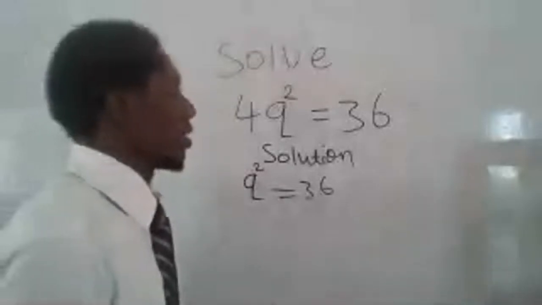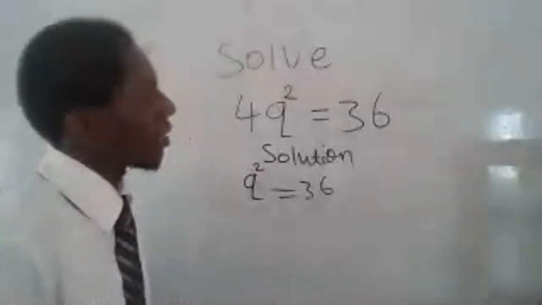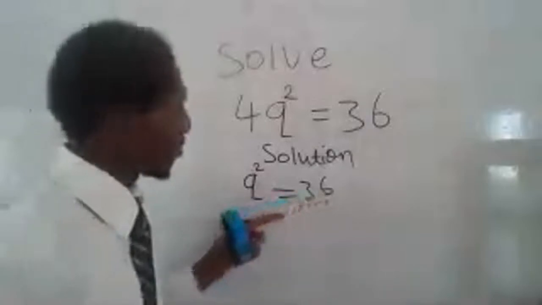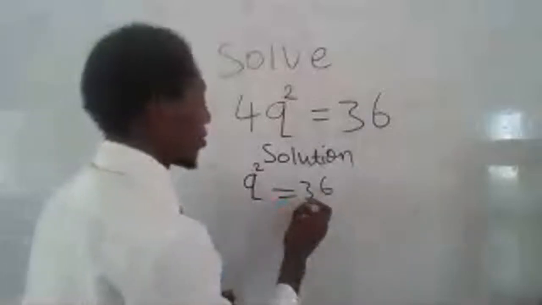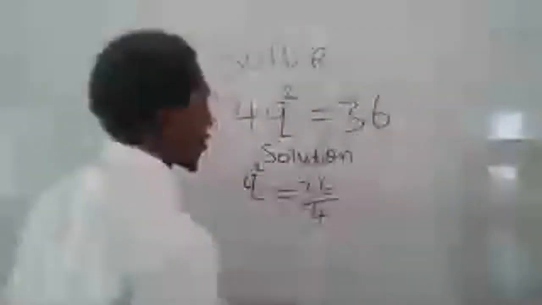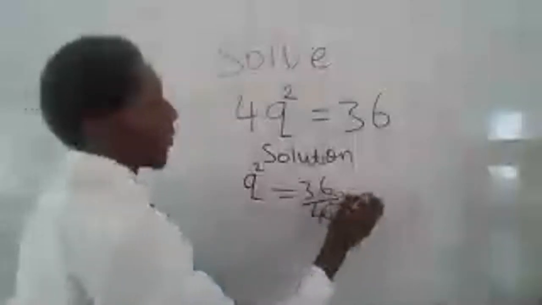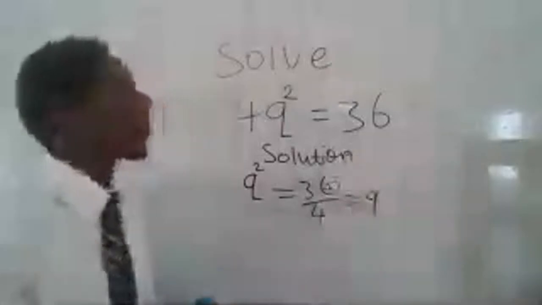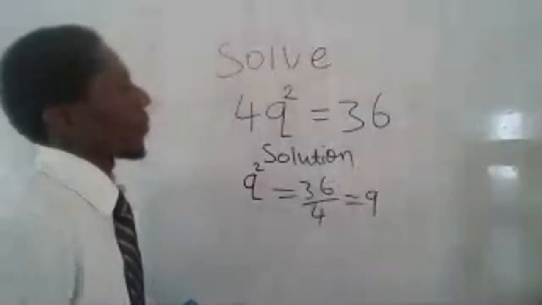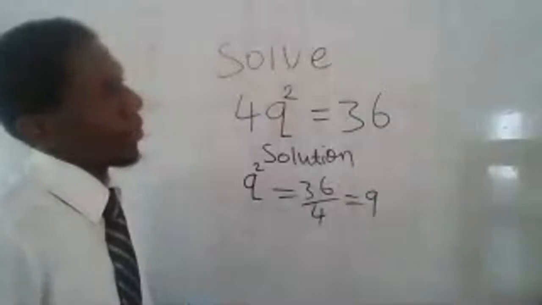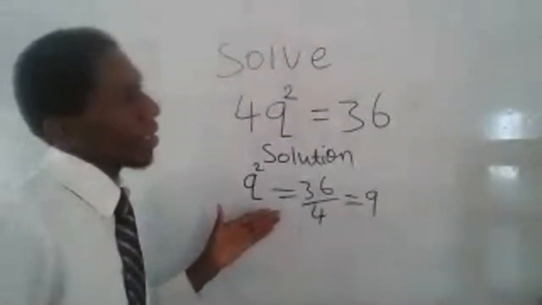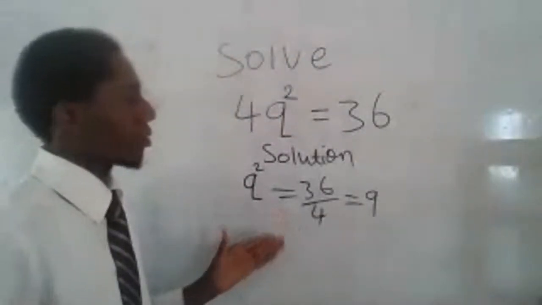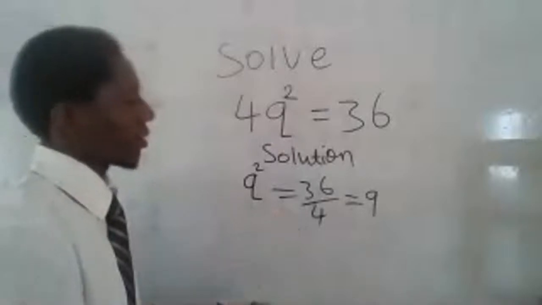And if I divide both sides, I'll divide this 36 by 4. I am going to have 9. All right. So if I have 9, I will simply take the square root of 9.